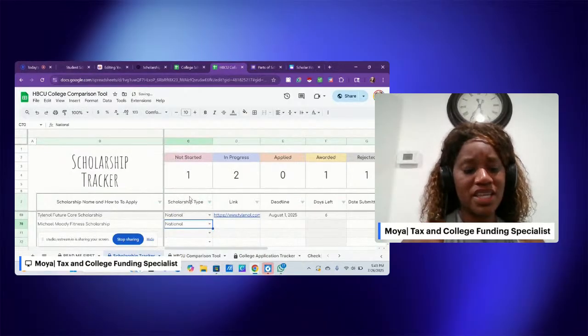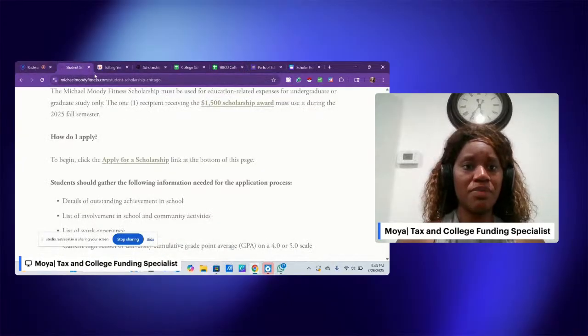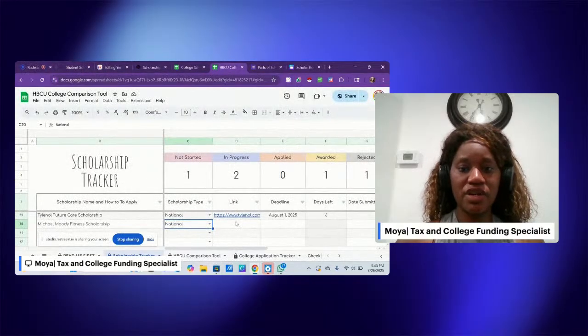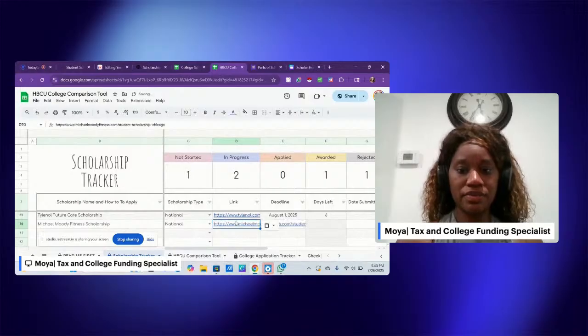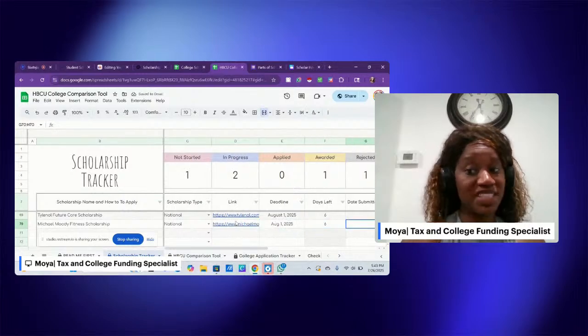You could say that one's local, but it's really regional because California is so large. Then you put the link there. The due date is August 1st, 2025, and it lets you know there are 6 days left.